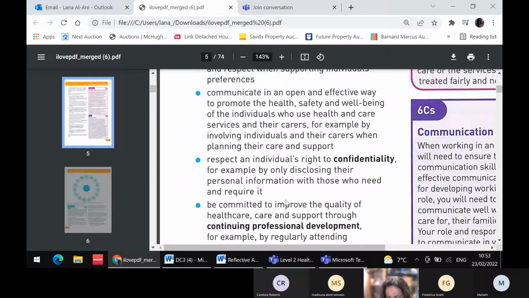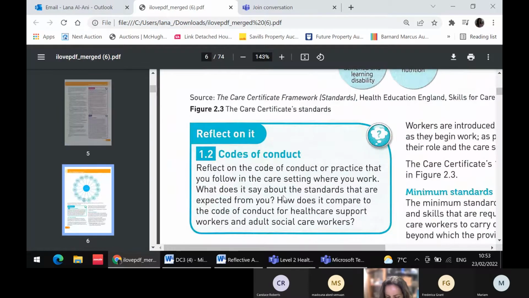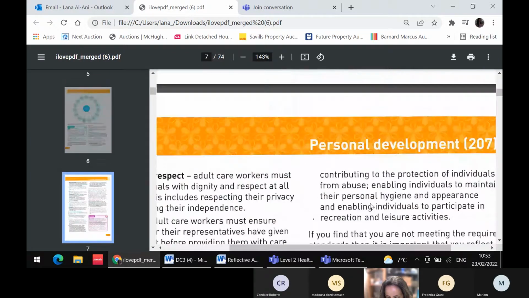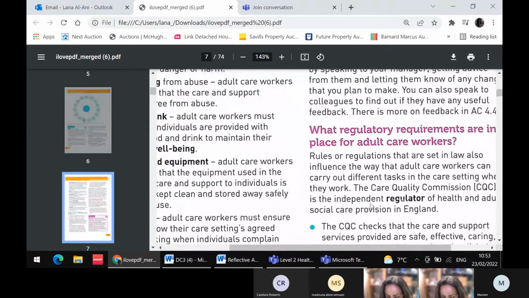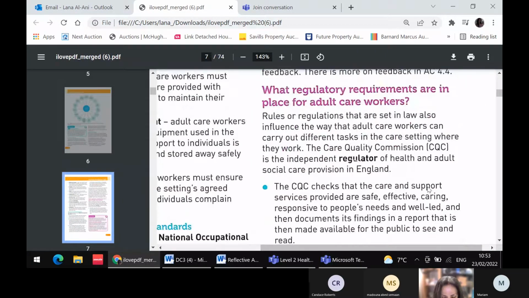For you, did you understand the standards? Yes. Okay, good. So just expand on the standards, because they are easier to talk about, and then when you reach the regulation, I will be saying that the regulatory requirement is set by law. It influences the way that we work as adult carers in the United Kingdom.